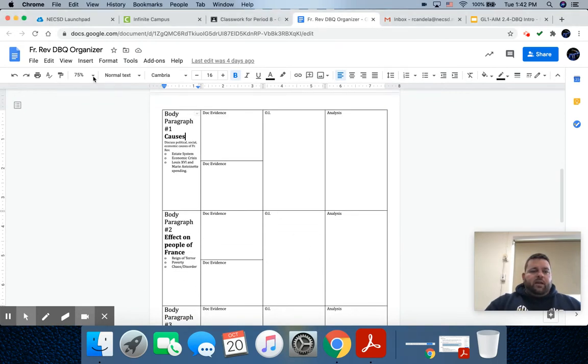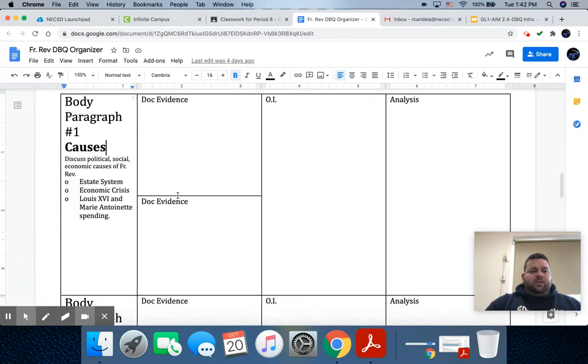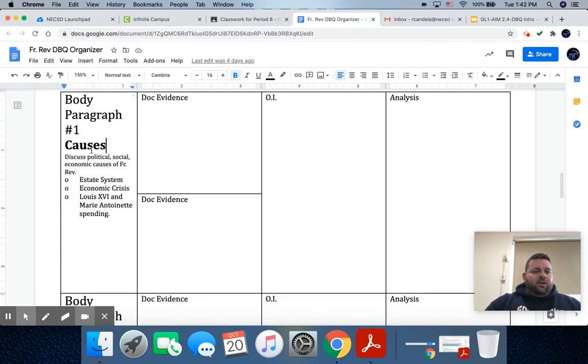We're going to zoom in again because I want to take another look at some of the important tips we're seeing here on the left. For body paragraph 1, where we should be discussing causes, we need to discuss political, social, and economic causes of the French Revolution. Things you should consider are the estate system, first, second, third estate, unequal taxation, and the unequal treatment of the third estate.